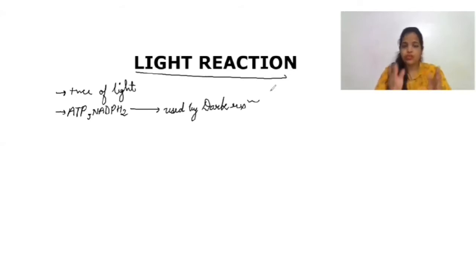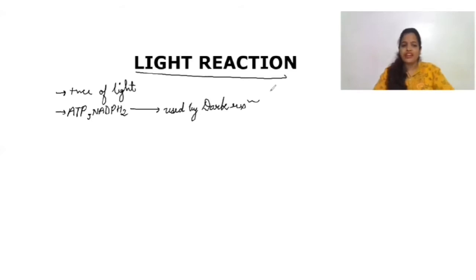Clear? So the products of light reaction are used in dark reaction. Hence we say that dark reaction is indirectly dependent on light reaction, because if these products of light reaction are not provided, dark reaction is not possible. So even if we cause complete darkness, but we provide the plant these ATP and NADPH2, dark reaction is possible. So I hope now the names and the reasons of their names are clear to you.